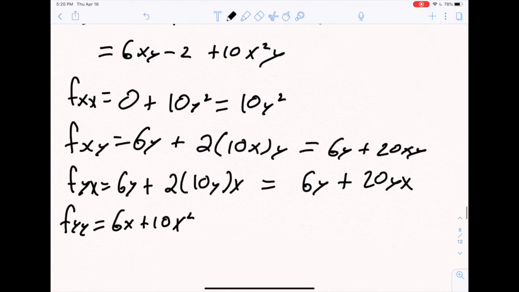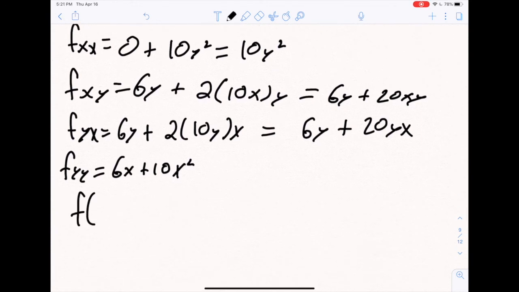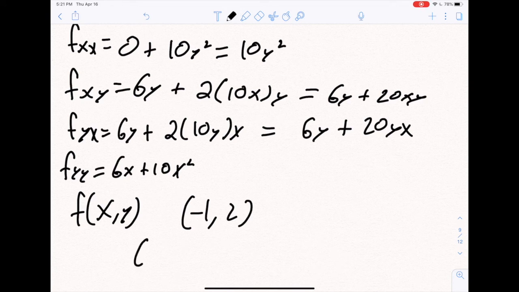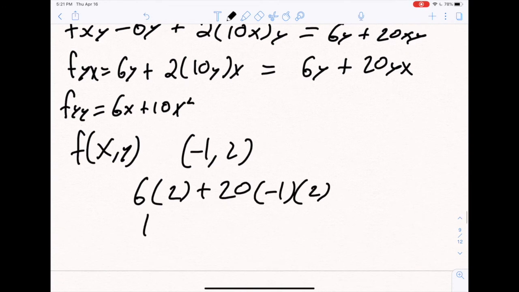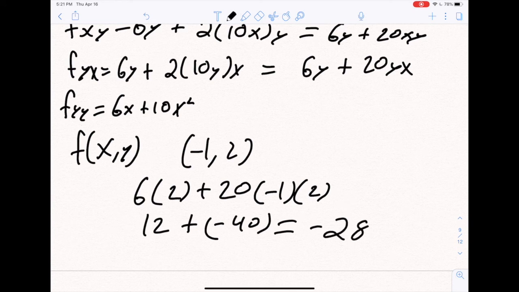We're doing that because we're given the point (-1, 2), where x always comes first and y comes second. So we have 6 times y, which is 2, plus 20 times -1 times y, which is 2. So we get 12 plus -40, which works out to be -28.